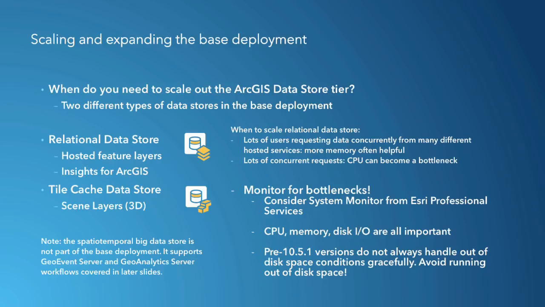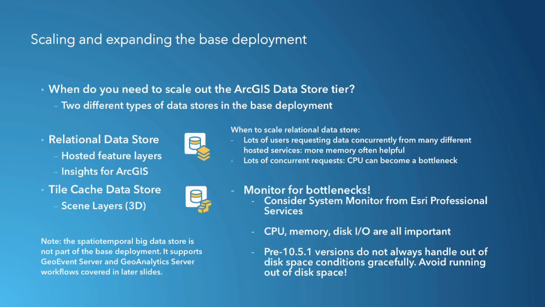That's something to keep in mind as well. Beyond that, the relational data store is used essentially when somebody is requesting data from a hosted feature layer. And one of the interesting things to keep in mind, and this is again where I can't make a general pronouncement, is imagine you have 1,000 hosted feature layers, or 10,000.